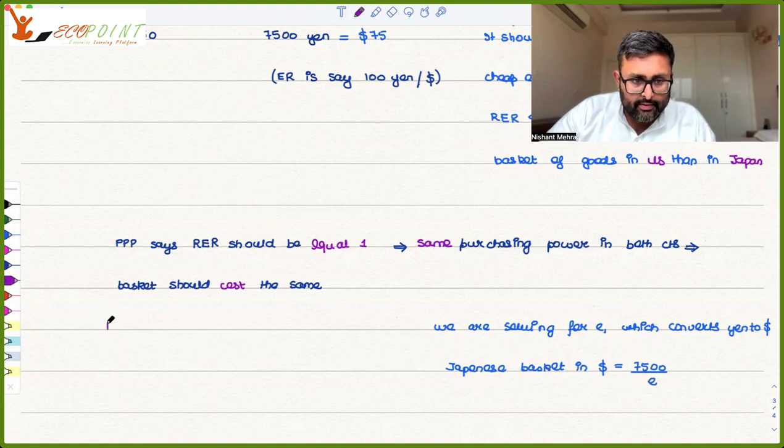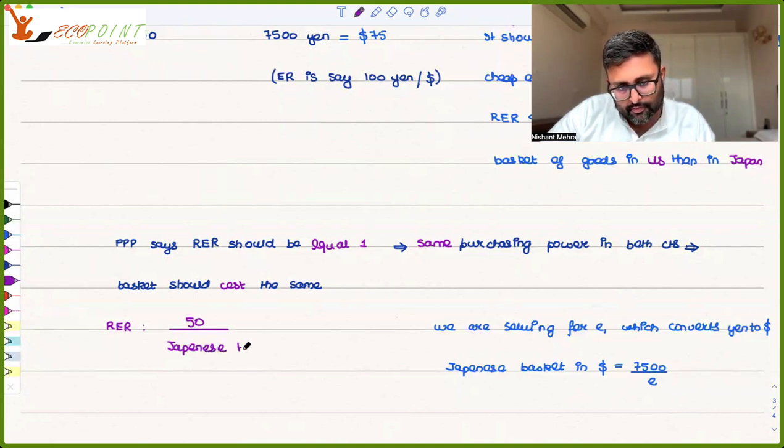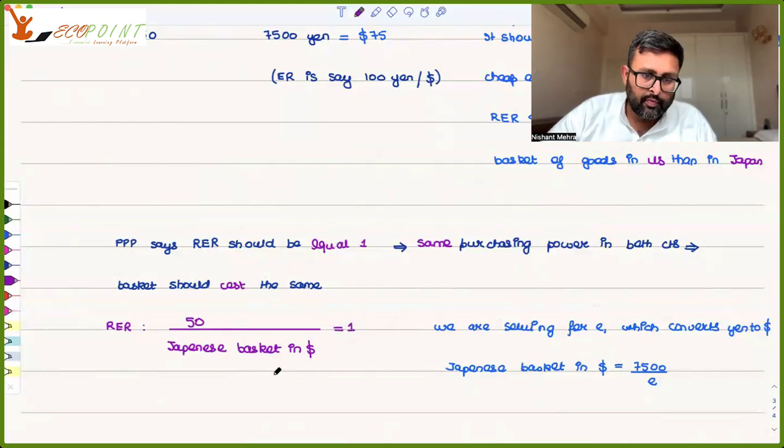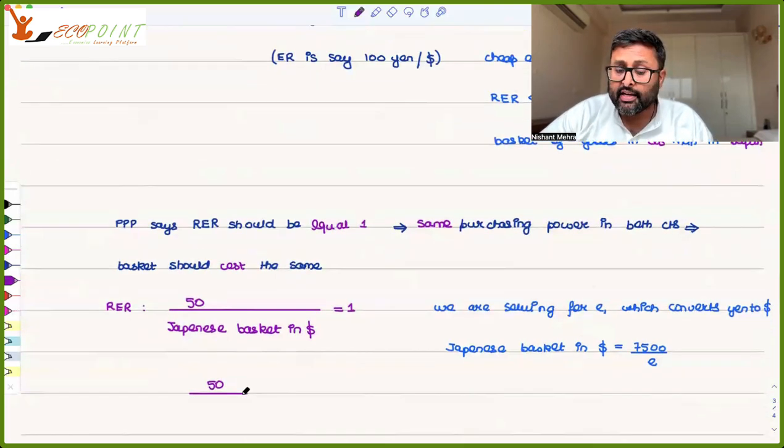What is the real exchange rate? Real exchange rate is $50 upon the Japanese basket in terms of dollars, and this should be equal to 1. Why am I saying it should be equal to 1?